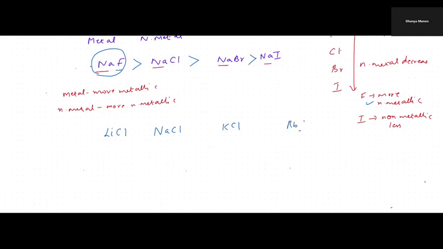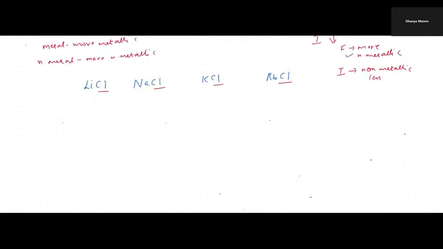Here the non-metal is the same, chlorine, so we need to check the metallic character of the group 1 elements: lithium, sodium, potassium, rubidium. Down the group it becomes more metallic. So who has more metallic character here? Rubidium. So the bond formed between rubidium and chlorine is stronger than the rest.